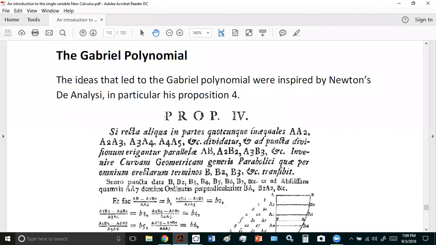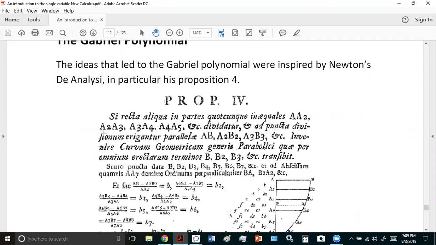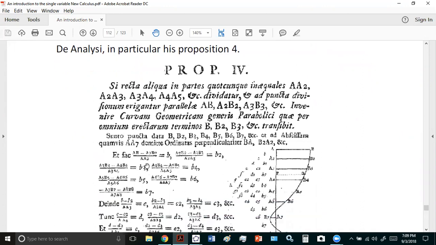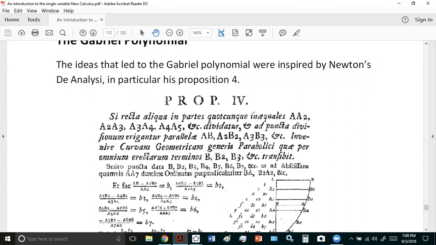Now, we covered in the previous chapter the definition of the integral, and the one prior to that, the definition of the derivative. So just very quickly, what were the ideas that led to the Gabriel polynomial? Now, the majority of you will no doubt have not seen any of these things before, because you do not see them in an undergraduate course in mathematics.